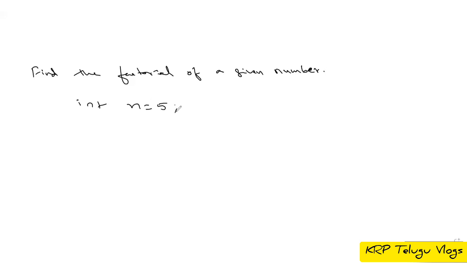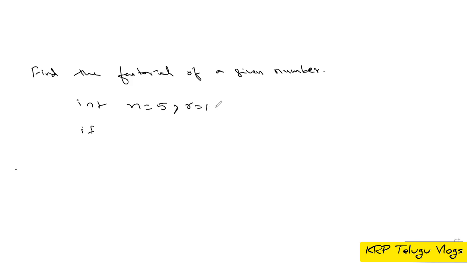So how will you find out the factorial of a given number? How will you write a code for this one? Using a for loop, fact is equal to fact into i. Yes. So here result is initially I'll put 1.